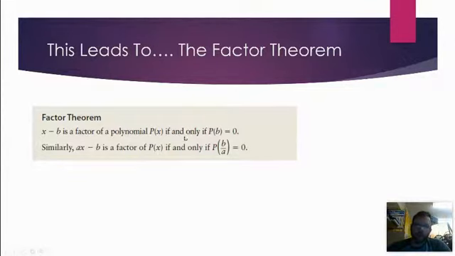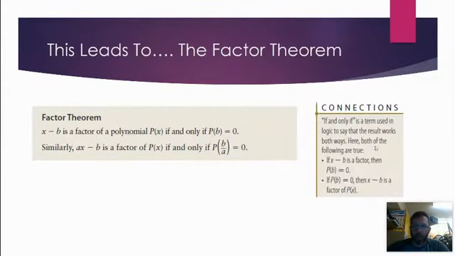Now, you can copy this down or not, but that math terminology, if and only if, means those statements work both ways. So that top statement is saying, if x minus b is a factor, then p at b is equal to 0.